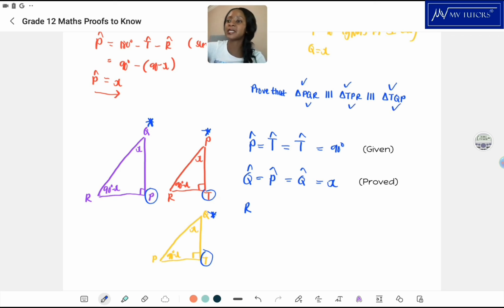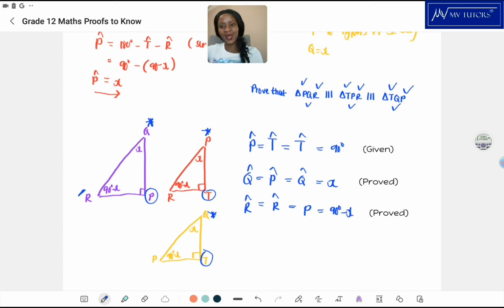Now lastly, we have R. R is equal to R in triangle TPR, and is also equal to P. So R equal to R, and it's equal to P, which is equal to 90 minus X. So things are working out.